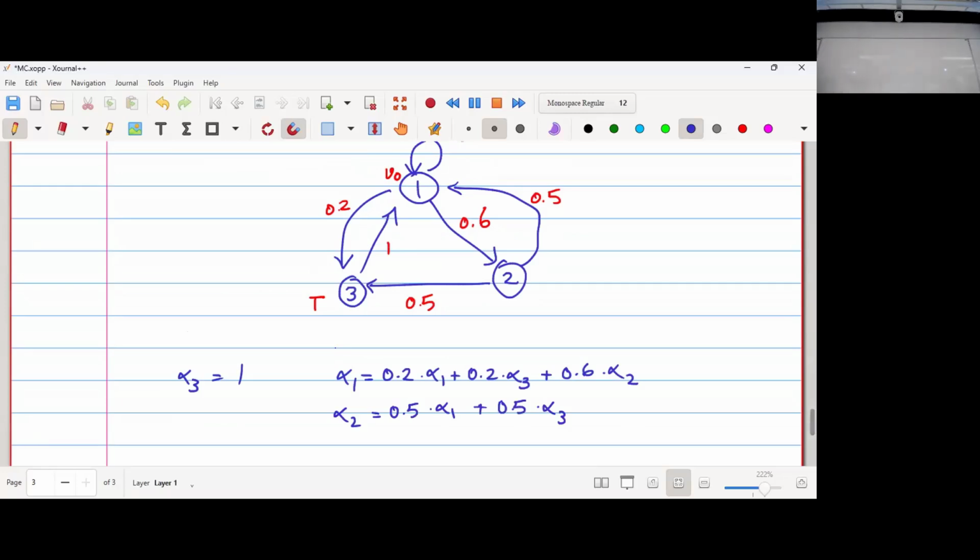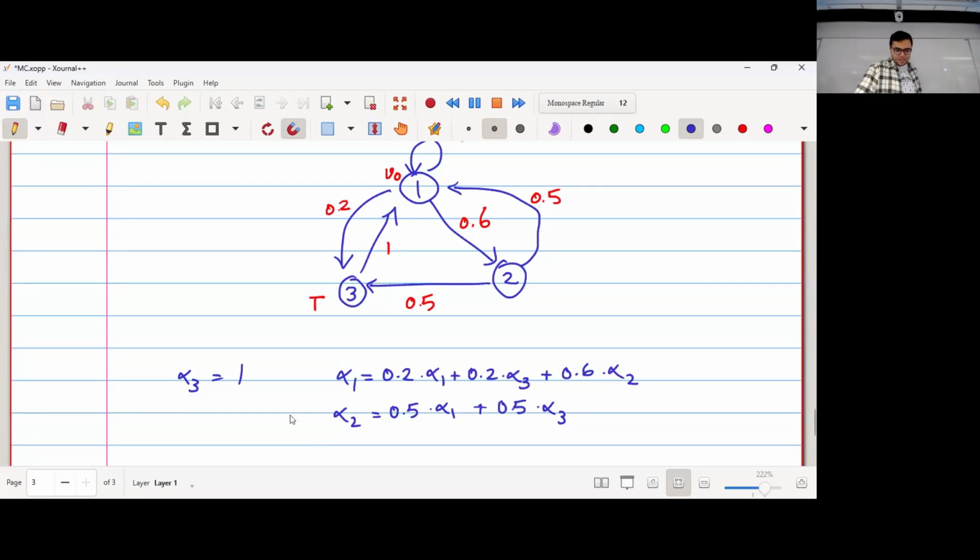Now, as you see here, this is not exactly a recurrence relation, right? Because alpha 1 depends on alpha 2, and alpha 2 depends on alpha 1. I mean, even alpha 1 depends on itself here, right? So I have a problem, and the problem is that generally, whenever I have a cycle in my graph, I will have a cycle in the dependencies between my alpha variables. But does that really matter? No, because these are linear equations that can be solved.